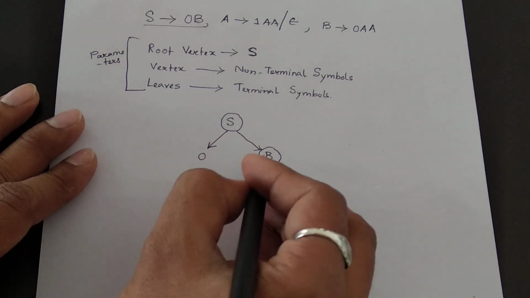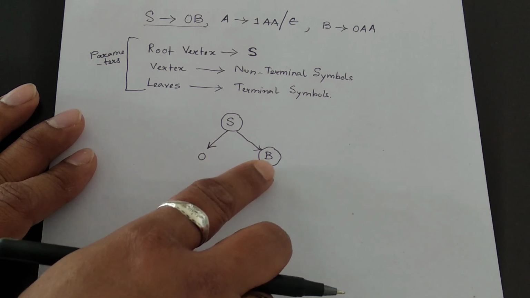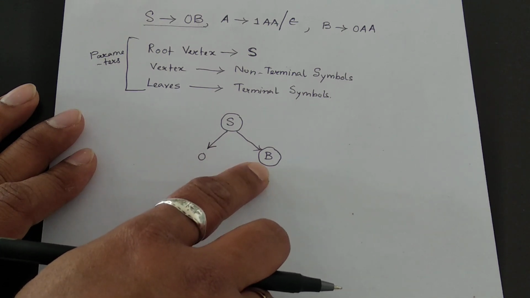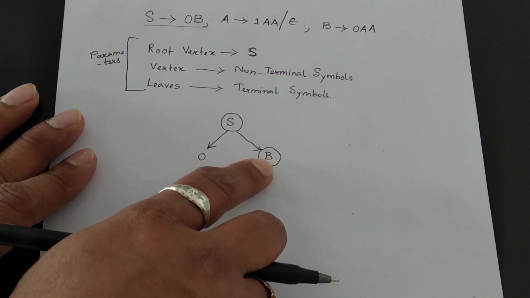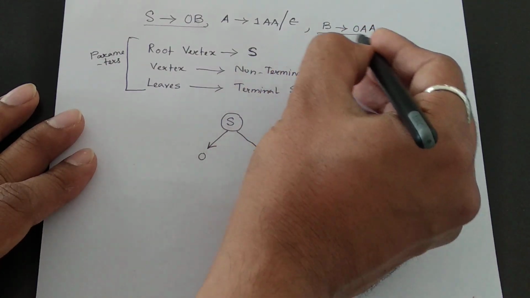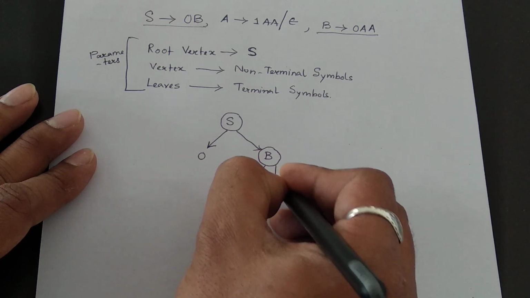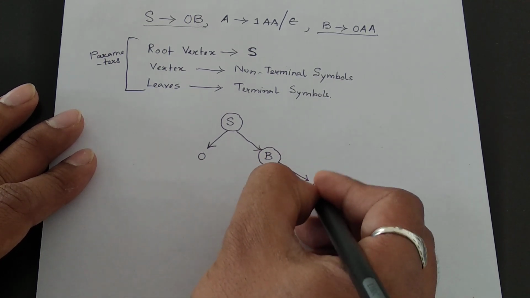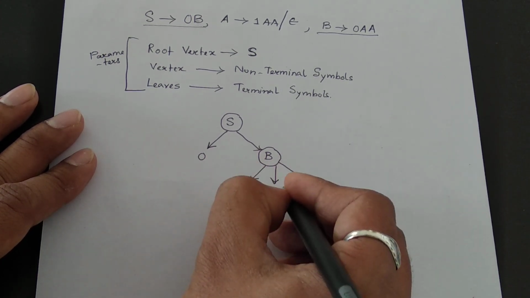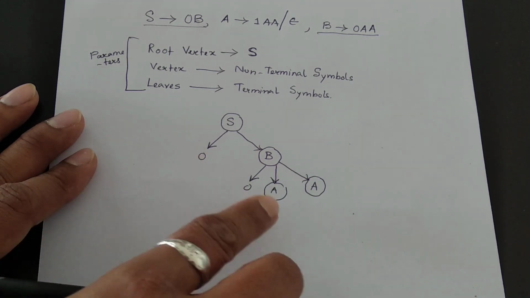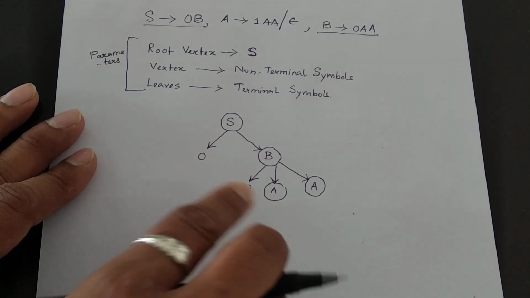So in here, what is the non-terminal symbol now? The non-terminal vertex B. I have to replace this B with the production, this one. Correct. So I can draw it like this: 0, A, A, and the vertices you have to encircle with a circular shape.